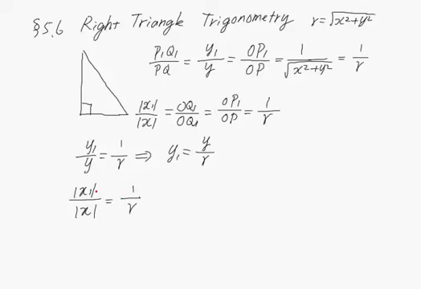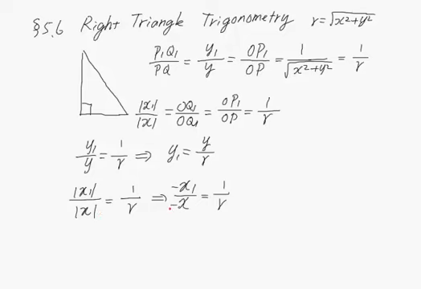Since x1 and x have the same sign, negative, right? So if we remove this absolute value, then we can have x1 over x equal to 1 over r. So actually, since x1 in quadrant 2 is negative, this should be equal to negative x1 over negative x.